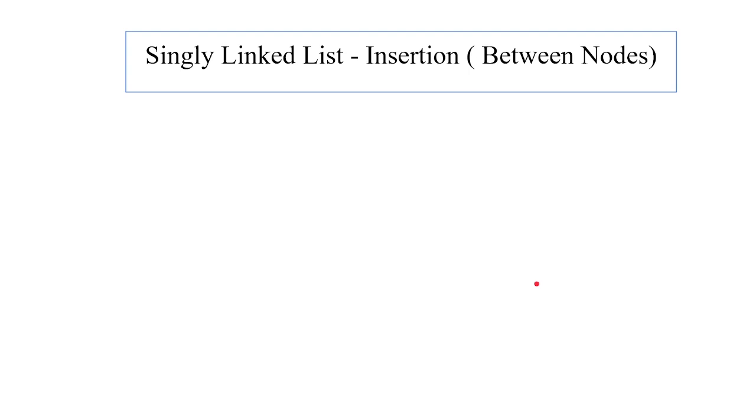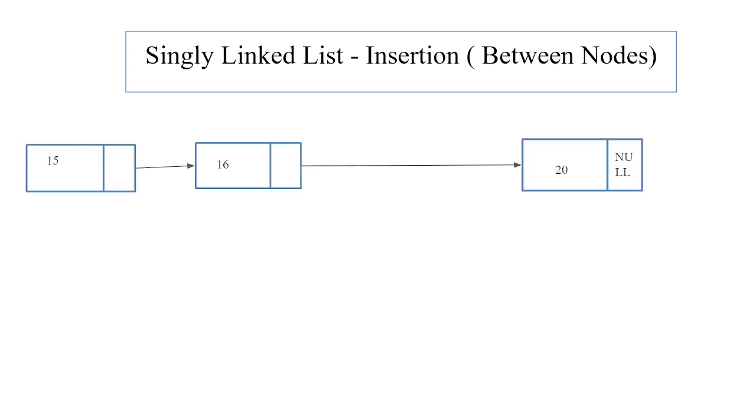So let us consider how we insert a node between two nodes in the single linked list. Let us consider we have nodes 15, 16 and 20 in the existing linked list. Now we will try to insert a new node next to the 16. We will point to this 16 as the previous node, as a reference.